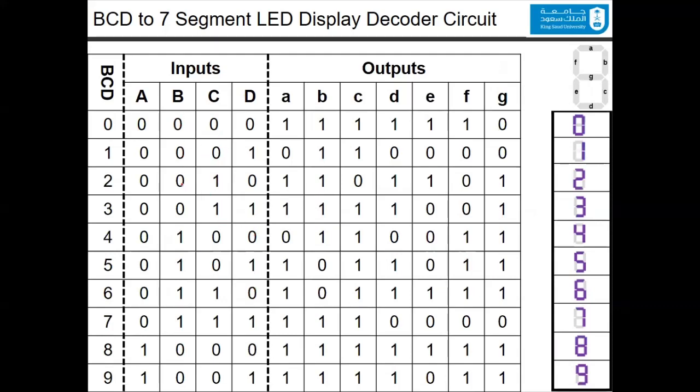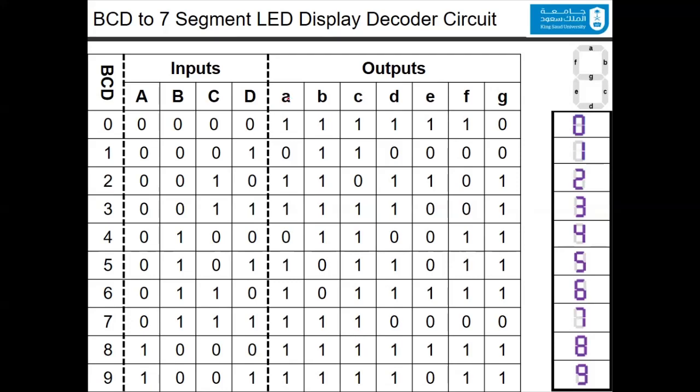The B is 0, 0, 0, 0, 1, 1, 1, 1, and so on. The A, you have 8 zeros, and the rest are ones. You can notice that we started only from 0 to 9. The other 6 codes will be considered don't cares.